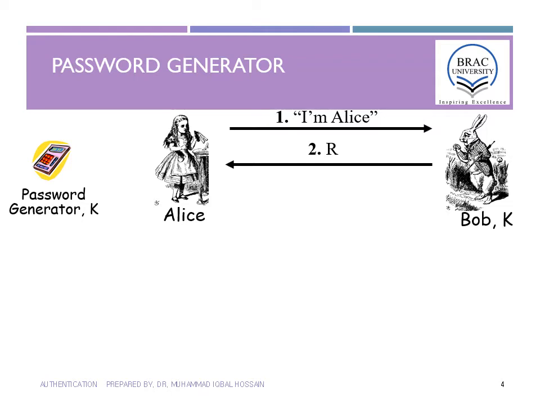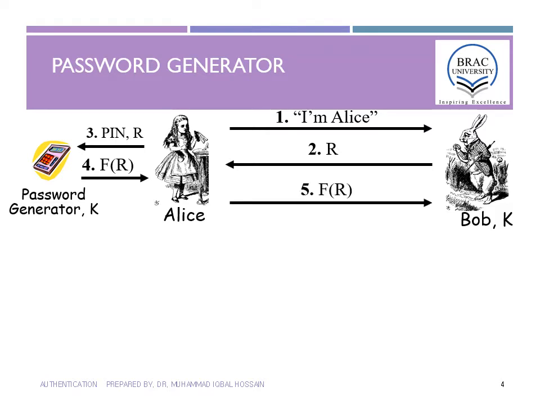So what does Alice do? Alice sends that number with a secret PIN number, which only Alice knows, to the password generator. And the password generator replies with some value, which can be a hash value. Finally, Alice sends this value to Bob. So what happens here?